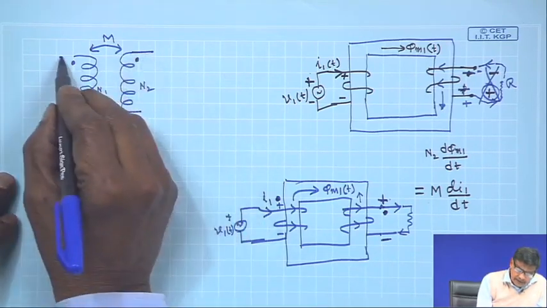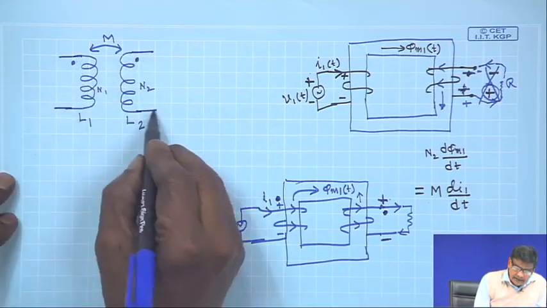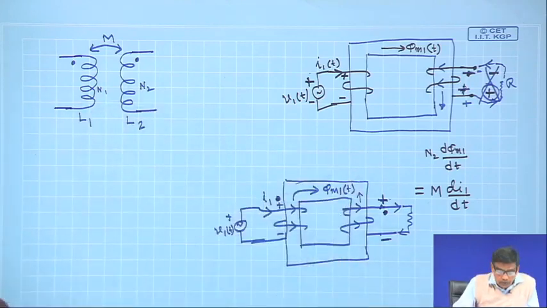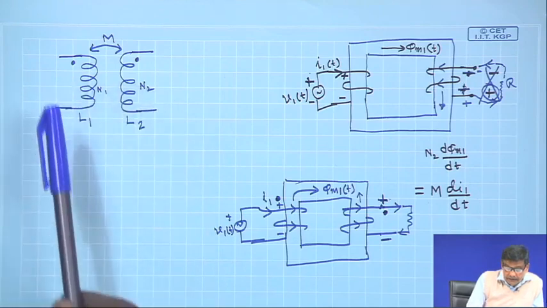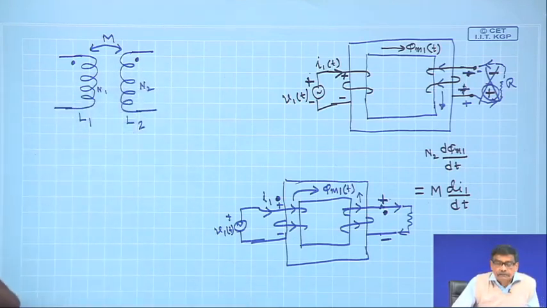So, this is the thing: when you show two mutually coupled coils, merely writing L1, L2 and M is not a complete thing. You must show the mutual inductance, but this dot convention is customary to be shown. Then you are conveying additional things.